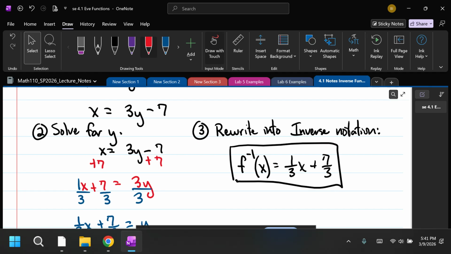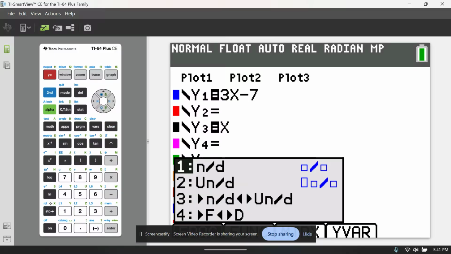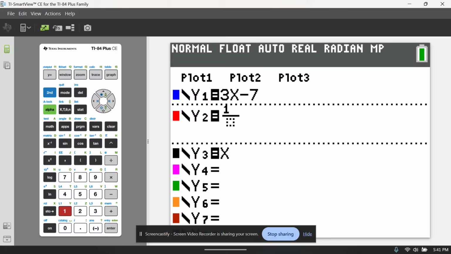If you graph the original, which was 3x minus 7, and then we graph the inverse that we found. We use the fraction for 1/3, put the x out there beside it, plus, and fraction, 7/3.